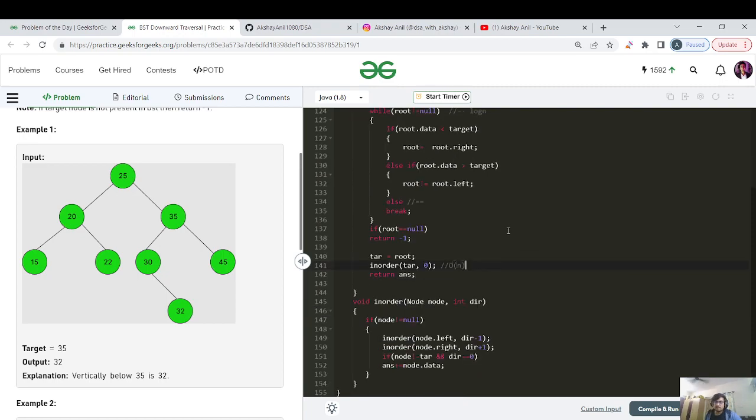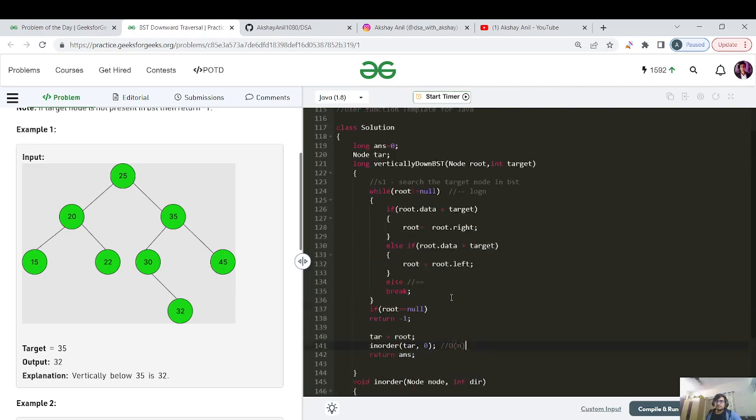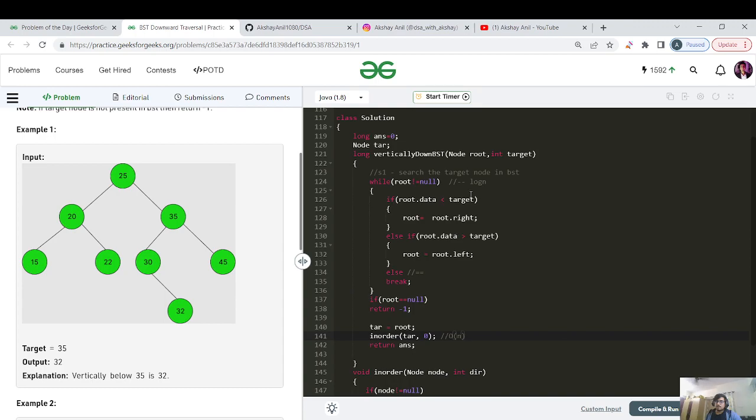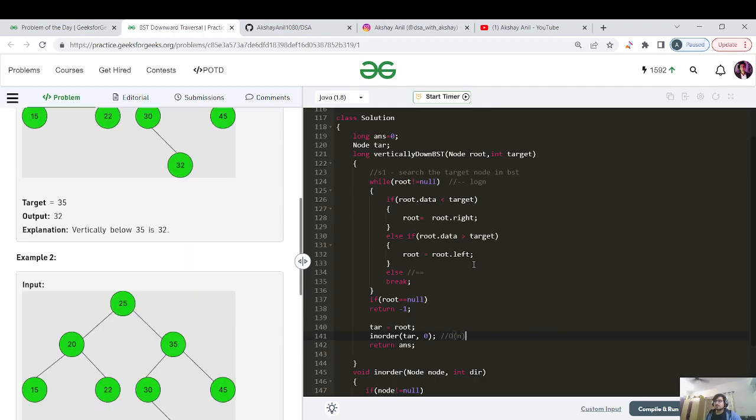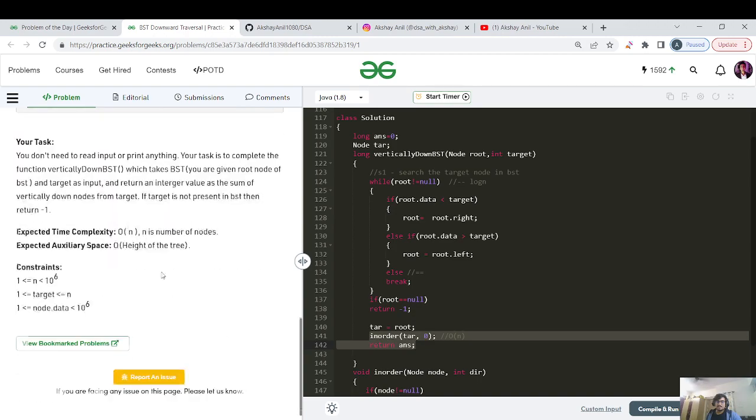That's it. So the overall time complexity should be log n plus O of n, right? But the worst case will be O of n again, and space complexity would be the recursive stack, which for this in-order traversal would be O of height of the tree, as it is mentioned in the expected complexity also.